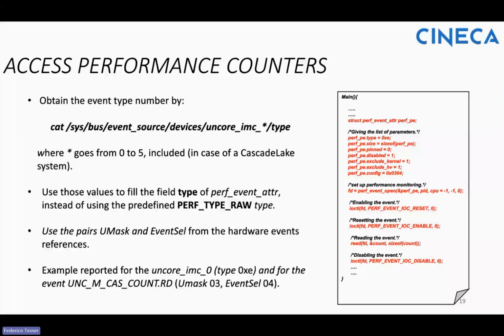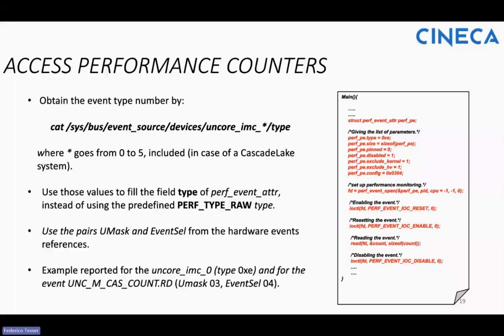If you go to the file system /sys/bus/event_source/devices, you can find a plethora of events, and among them you can also find the integrated memory controllers, and the asterisk stands for from 0 to 5 because you have 6 channels. The type gives you a number that you have to substitute on the right.